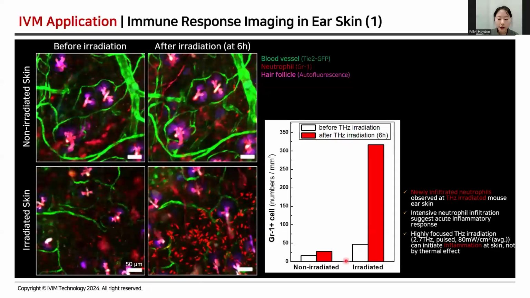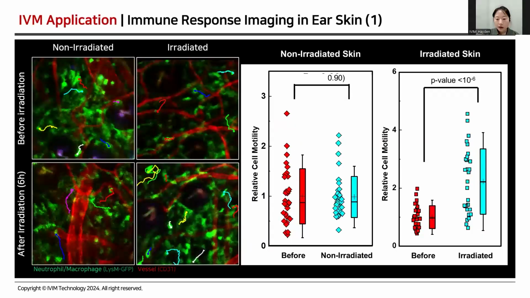Additionally, since the temperature difference between the non-exposed and exposed areas was only 0.2 degrees Celsius, we further confirmed that this was an acute immune response triggered by radiation, not a result of temperature change.